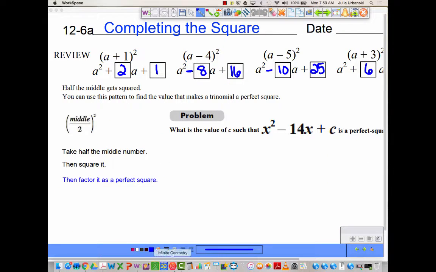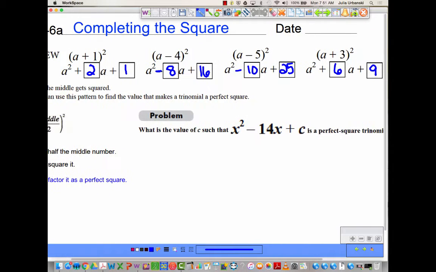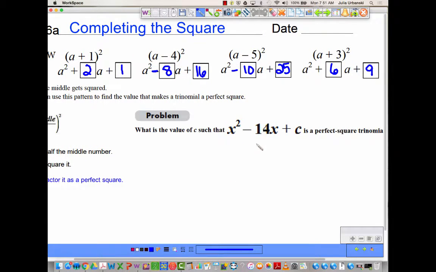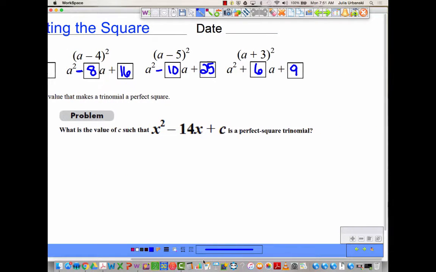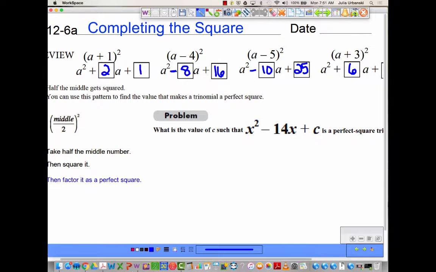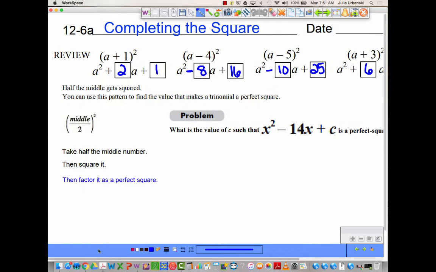But the first thing we have to do is remember that we're taking half of the middle number, and then we're going to square it. So if you just follow these steps for now, you'll be good, and by tomorrow you'll see how it all fits together. This is kind of the trick right there. Take half the middle number and then square it.